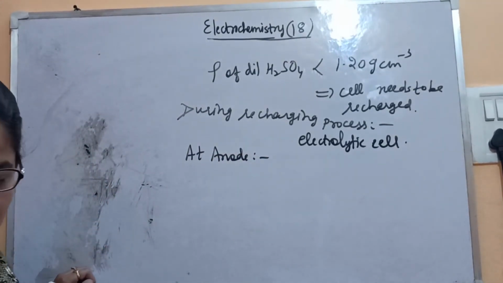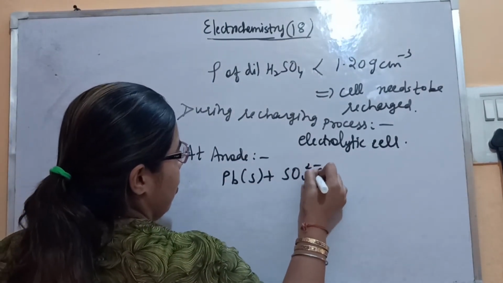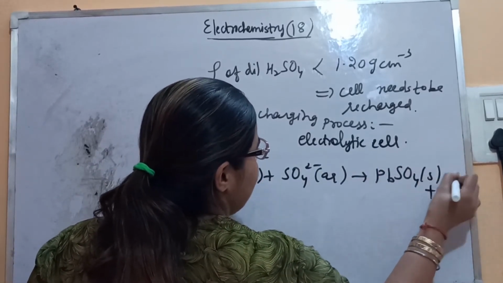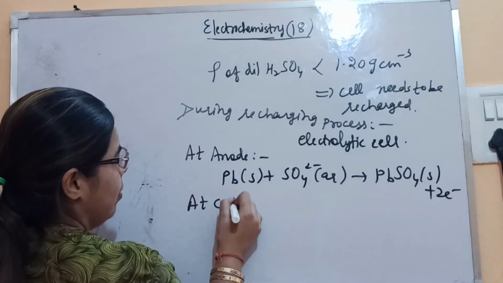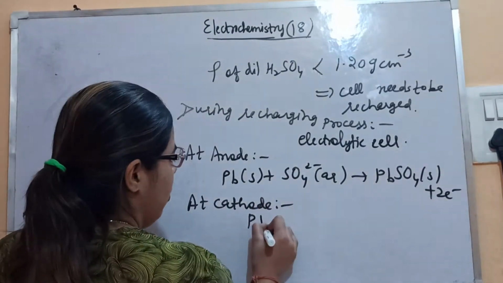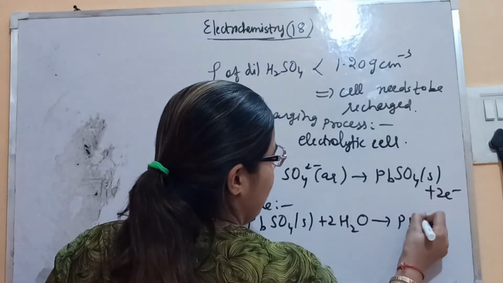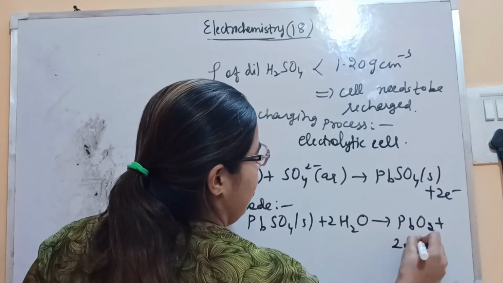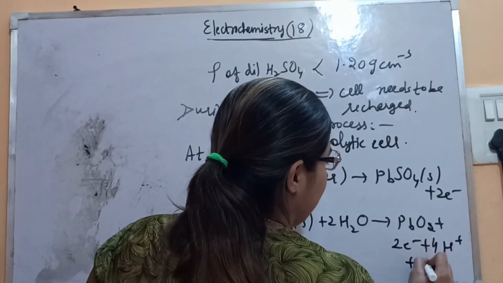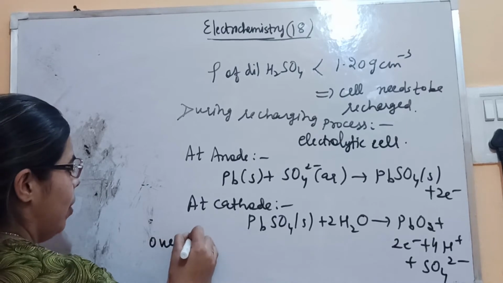Write down the reverse reaction: PbSO4 solid plus 2 electrons are getting lost, and at the cathode, PbSO4 plus 2H2O gives you PbO2 plus 2 electrons plus 4H+ plus SO4 2 minus.